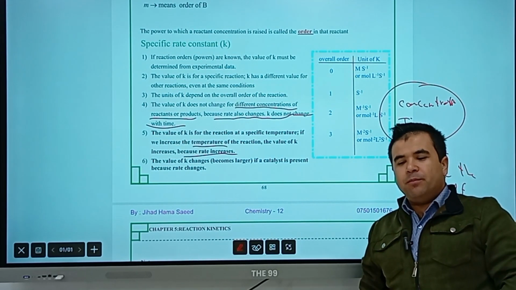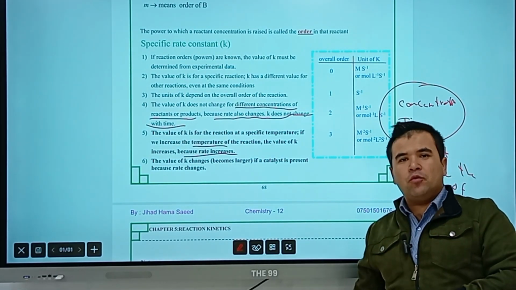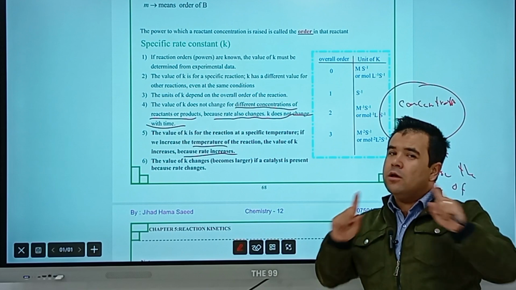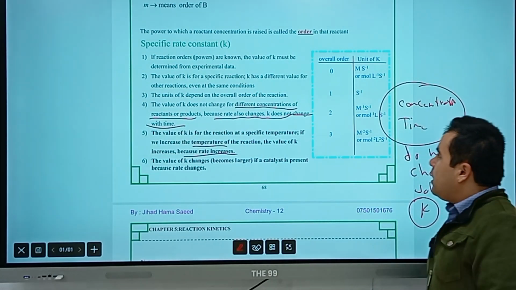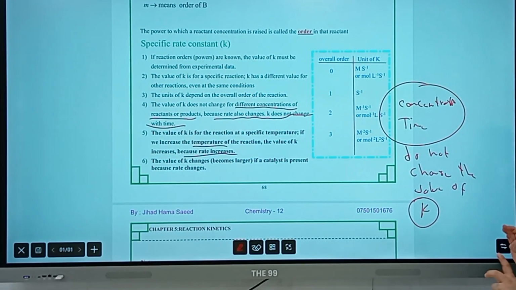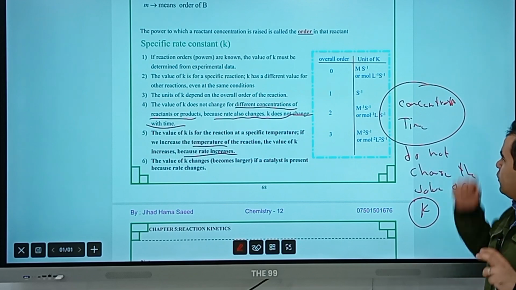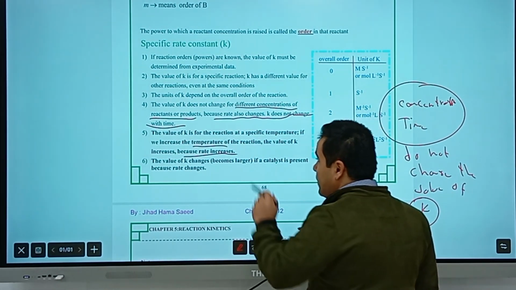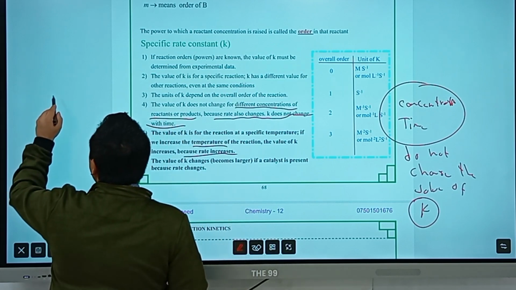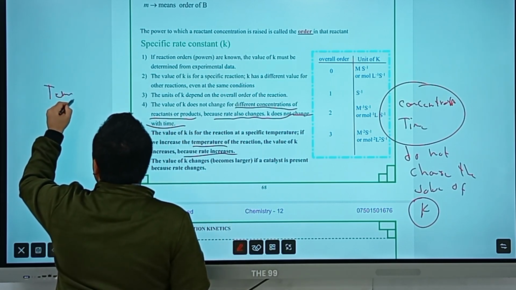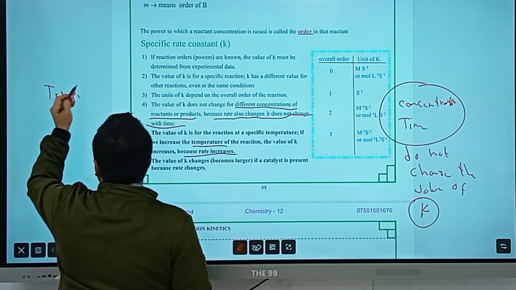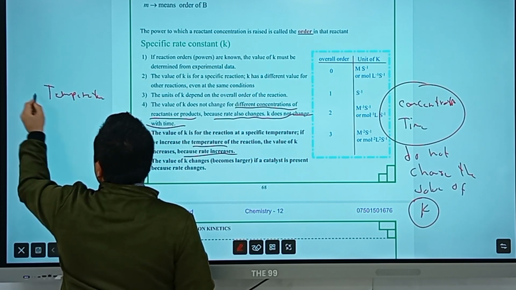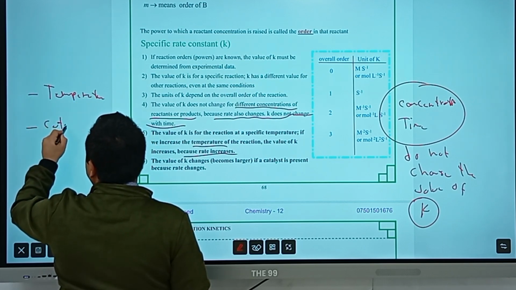It is not the case that at the beginning, at the middle, or at the end of the reaction there will be a different K. So we do not have such a case. You have to know that the value of K is independent of concentration and time. But the value of K depends on two other factors: temperature and catalyst.